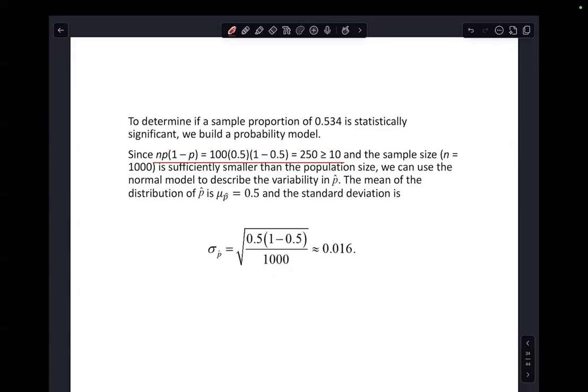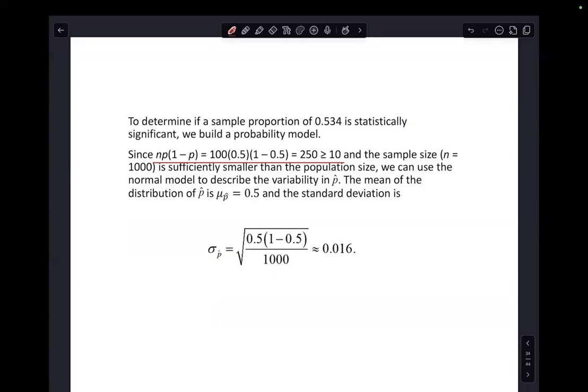Our np times 1 minus p is greater than 10. So we're good. That tells us it's normal. And 1,000 is significantly smaller than the population. It is less than 5% of the population. Therefore, it's independent. Remember, those are the two things we need to test, normal and independent.